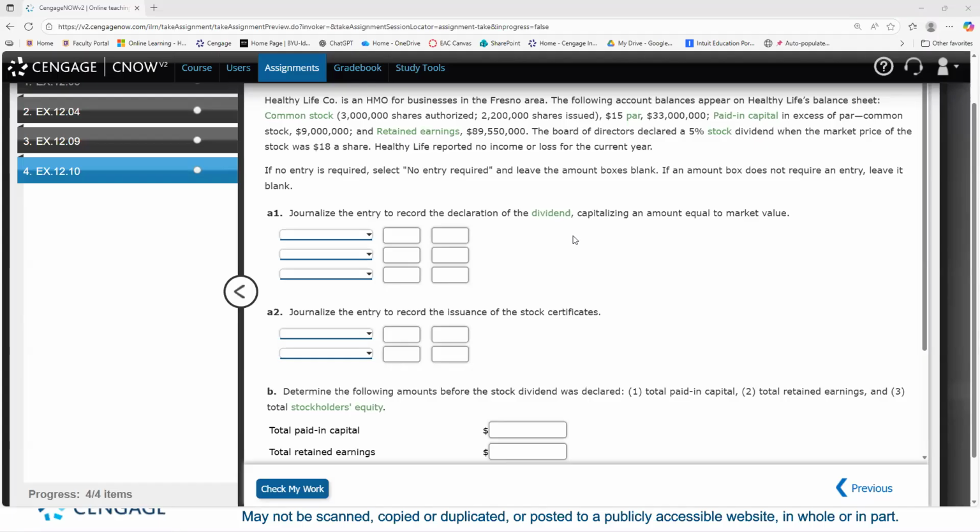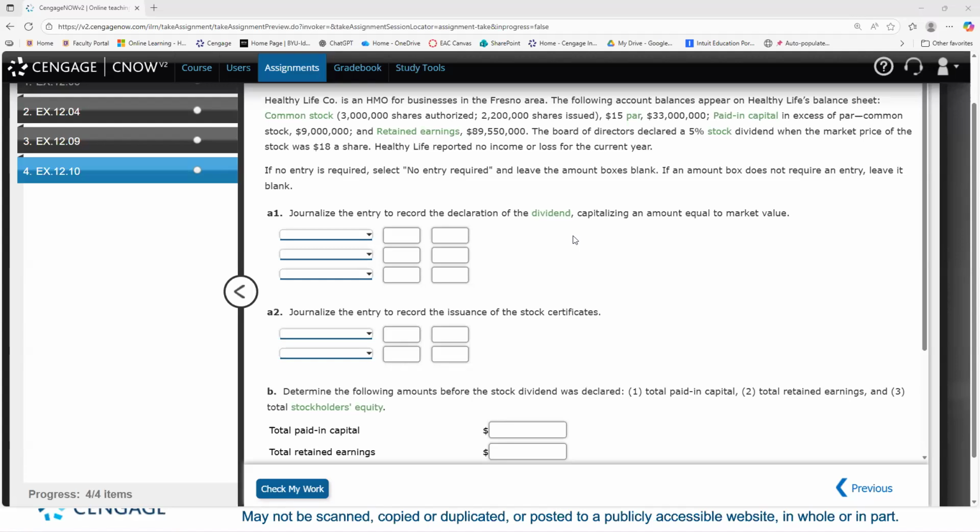That's the number of shares already outstanding times the amount of the stock dividend, 5%. What did you get? 110,000? So they're going to issue 110,000 new shares of stock for this stock dividend.